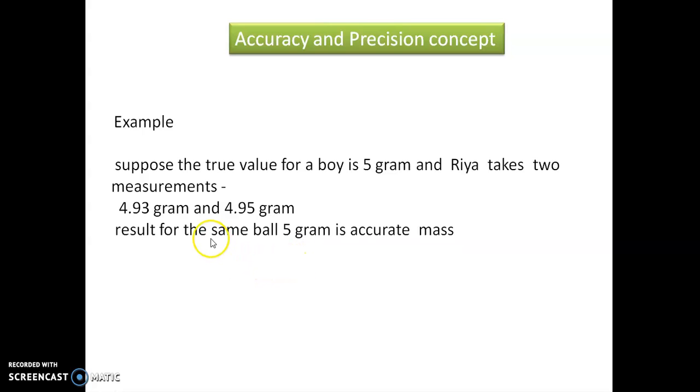So the result for the same 5 gram ball: 4.93 and 4.95 are precise but not accurate. So this is all about accuracy and precision.